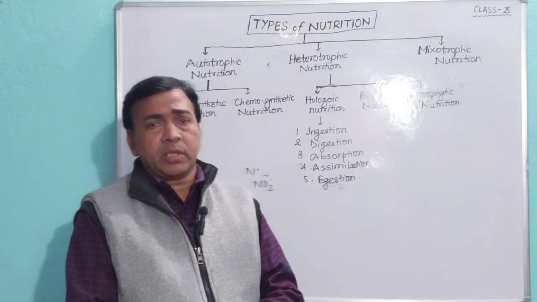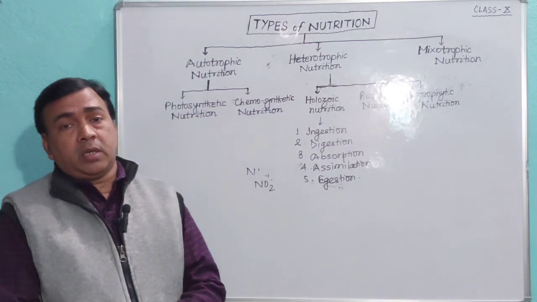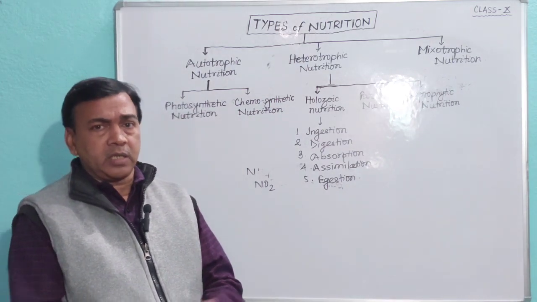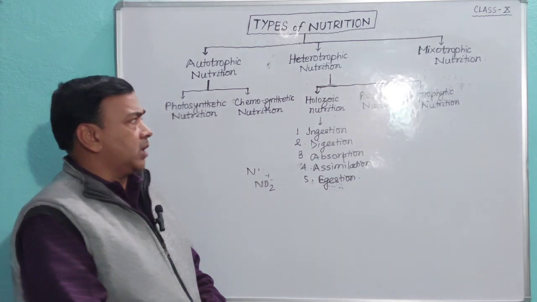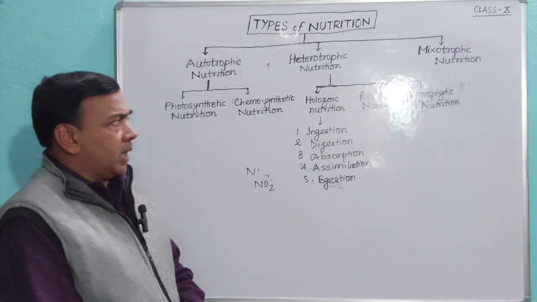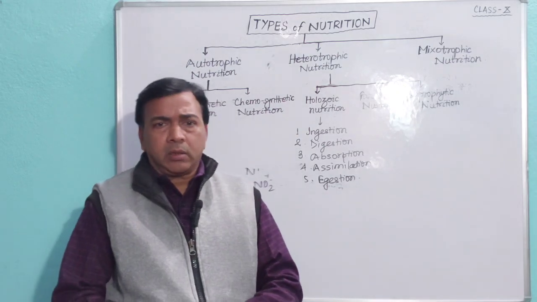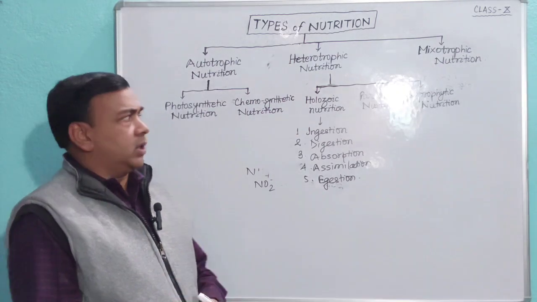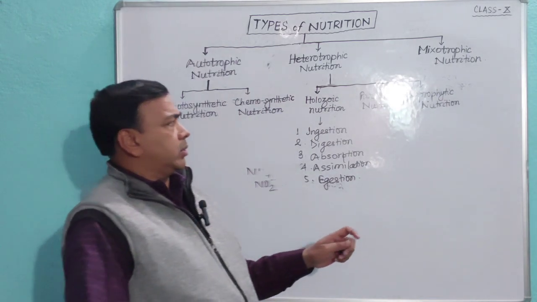The parasites which reside on the body of organisms are exoparasites. The parasites which reside inside the body of the organisms are called endoparasites. So in parasitic nutrition, the organism gets digested food, absorbs digested food.